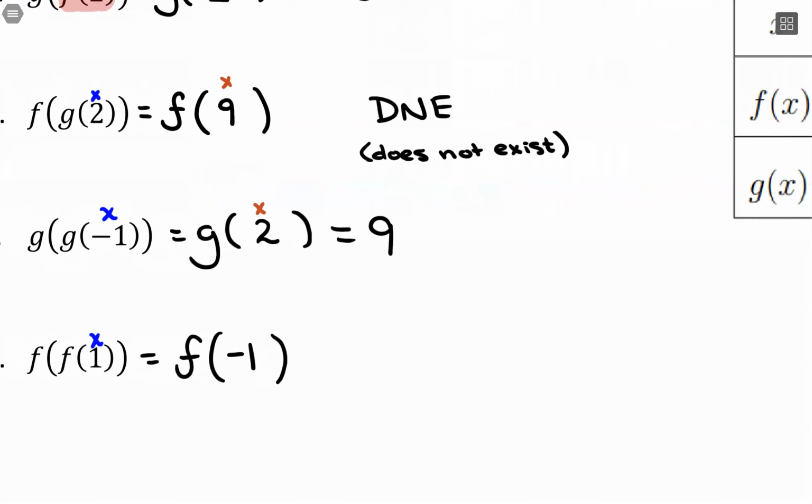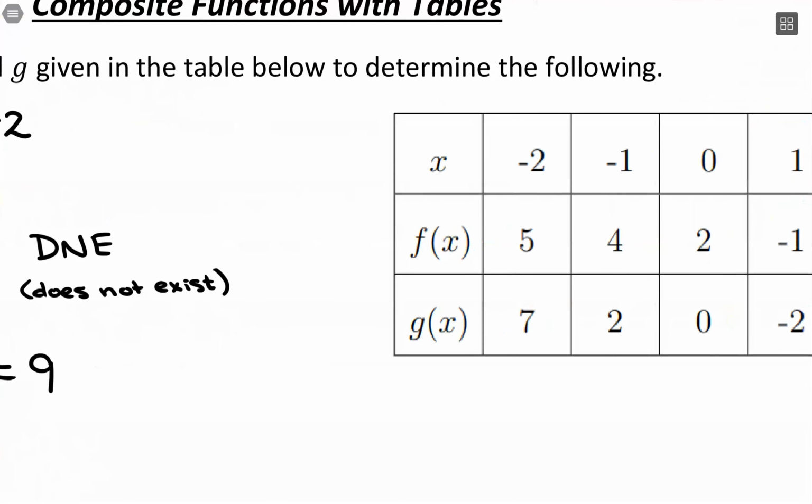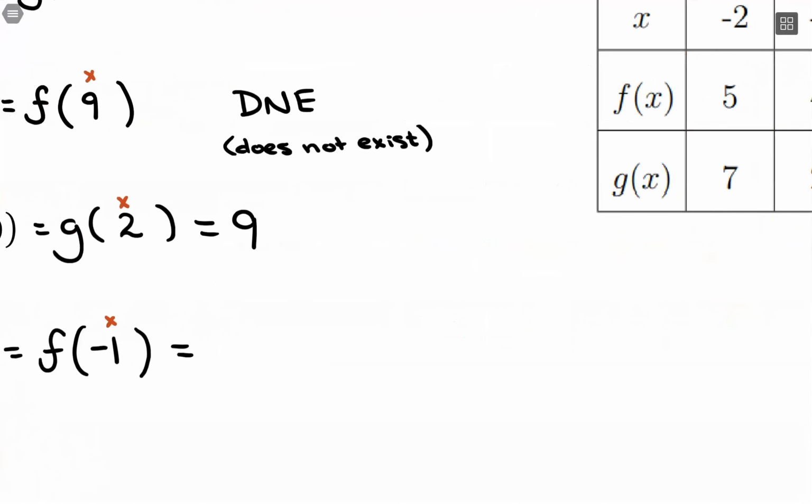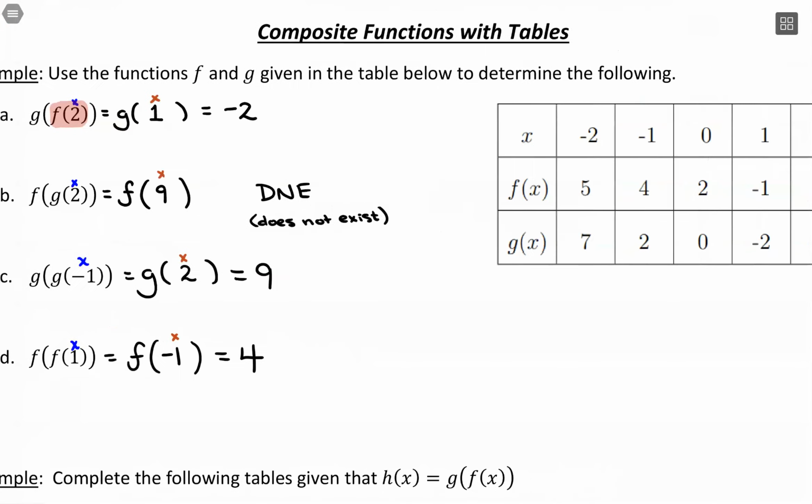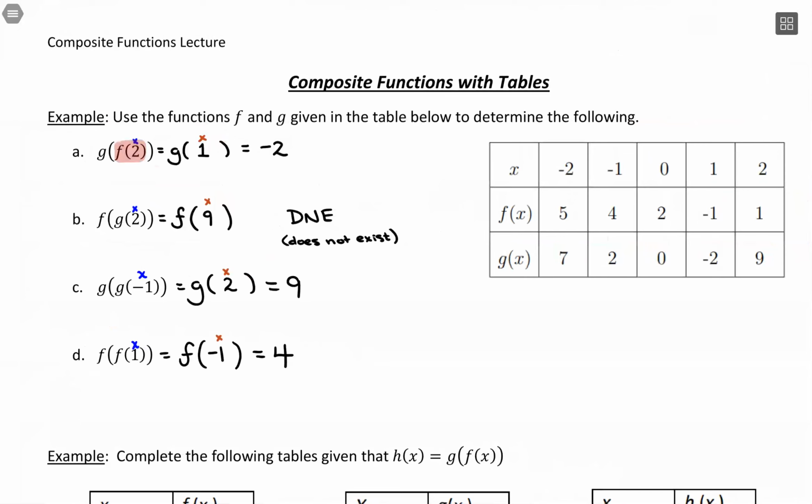And now I'm looking at x equals negative 1, and what is my output for my function f? So x equals negative 1, f of x is positive 4. With that, it's all a matter of keeping track of what your x value is, replacing outputs and inputs, and just tracking it across the table.